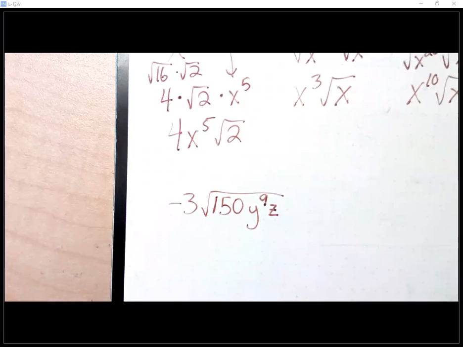I have no idea what it is. Even if you told me, you can tell me, I'll write it down, and we'll see if you're right later. Negative 15 y to the 4th root 5 y z. No, root 6 y z.